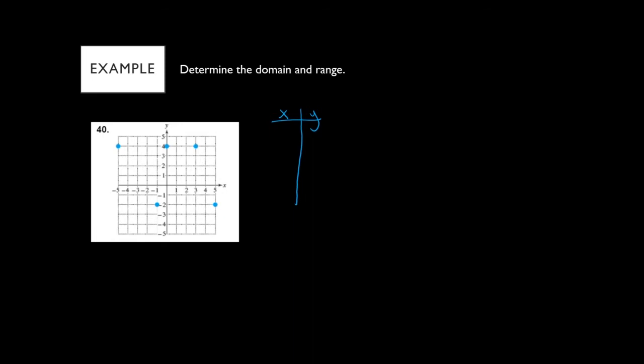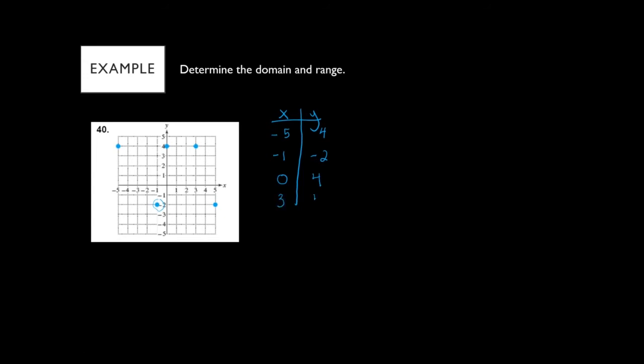And so I'm going to just work on the left point. Our X value is at -5 and the Y value is at 4. And then I'm going to move over. My next one is here. So that's at -1, and then the Y is at -2. Then I have 0, 4. Keep moving to the right.